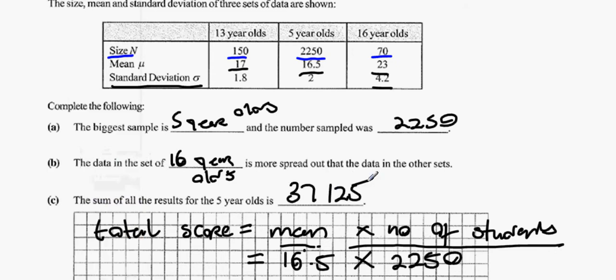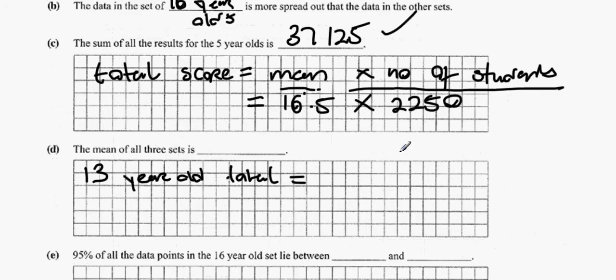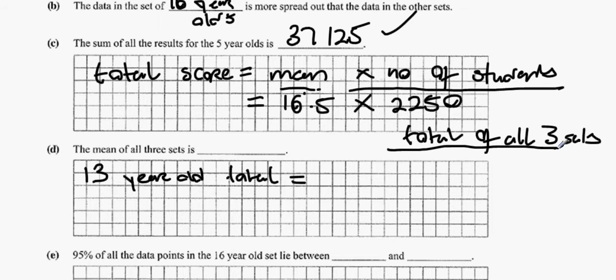Okay, so to get the mean of all three sets, what we need is the total of all three sets divided by the total number of people in all three sets. Now, we already know the total of the 5-year-olds.